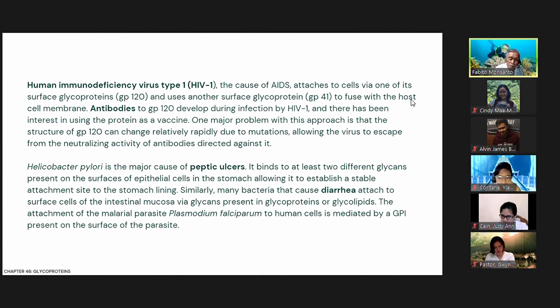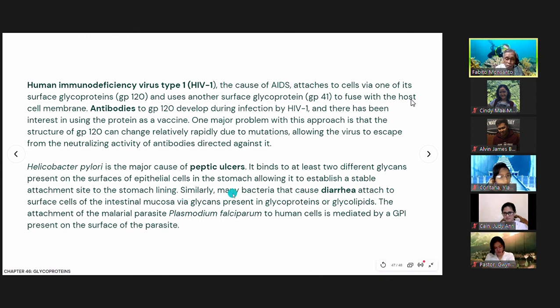Now, another bacteria that causes peptic ulcer, Helicobacter pylori. The glycans are present on the surface of epithelial cells in the stomach, to establish a stable attachment to the stomach lining.